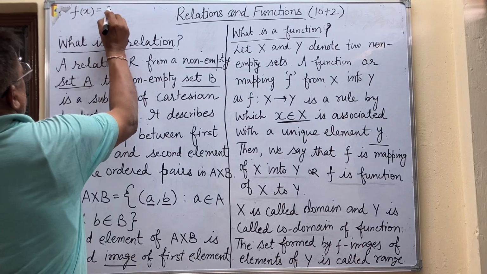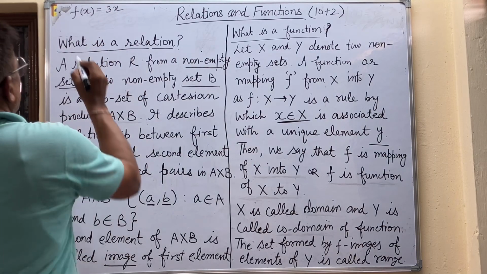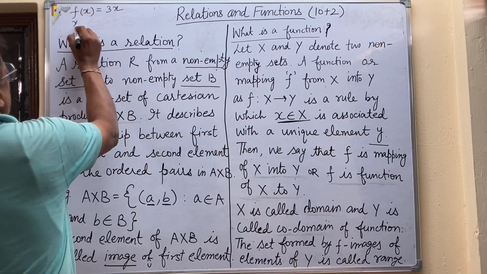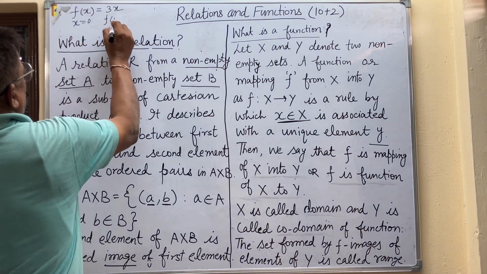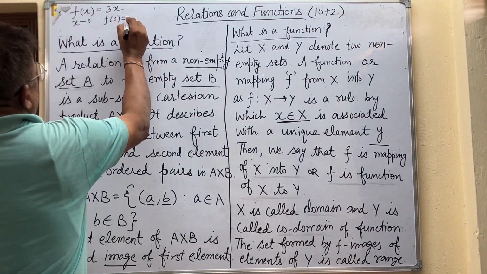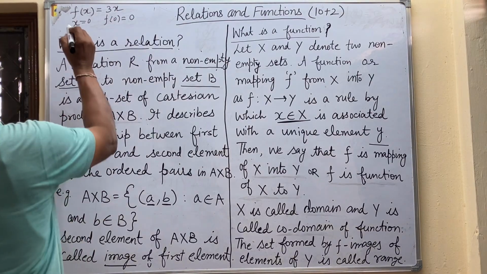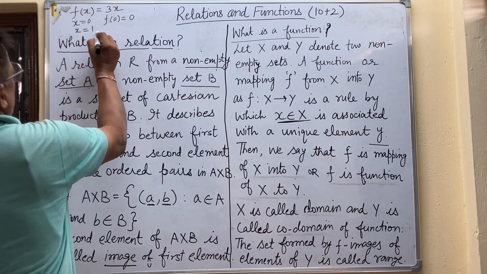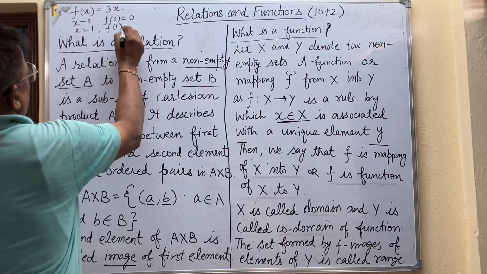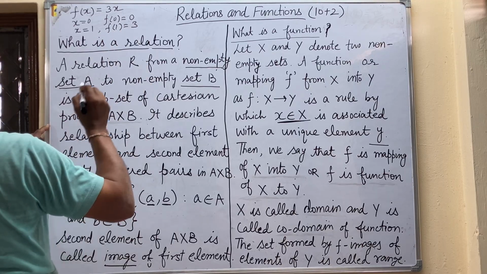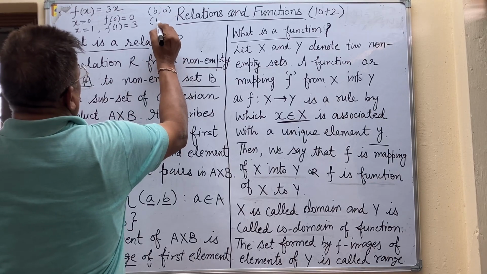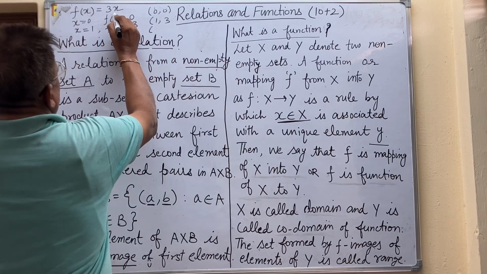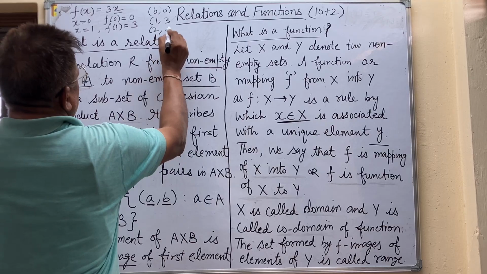f(x) equal to 3x. When I substitute x equal to 0, we are getting f(0) equal to 0. x equal to 1, f(1) equal to 3. It means the pairs are (0, 0), (1, 3). If I put here 2, then the answer is 6.